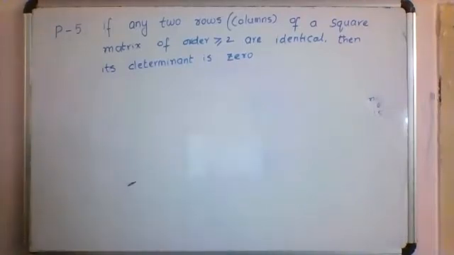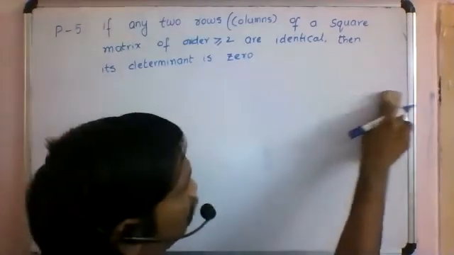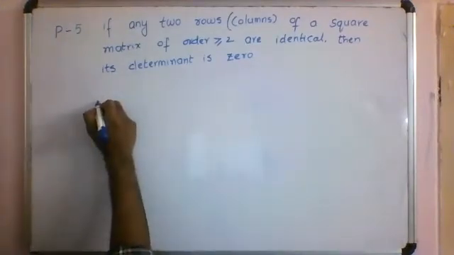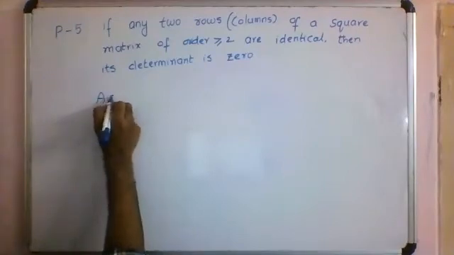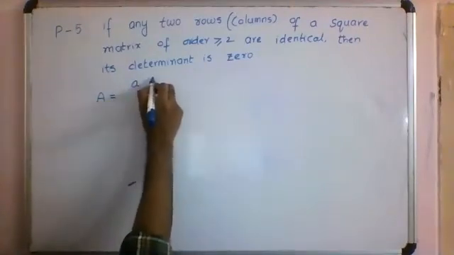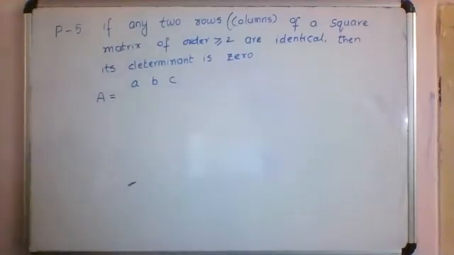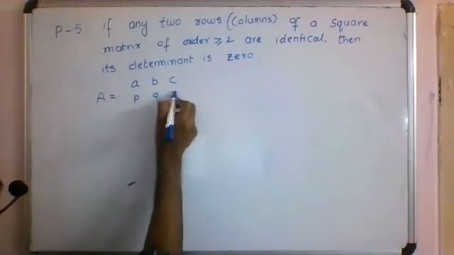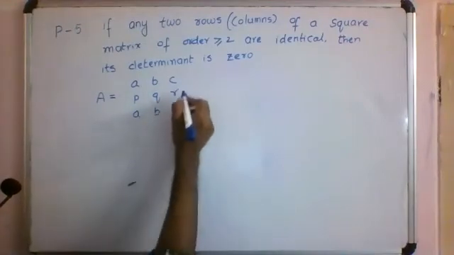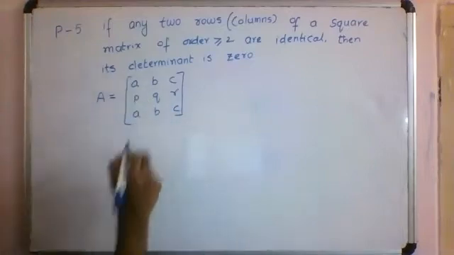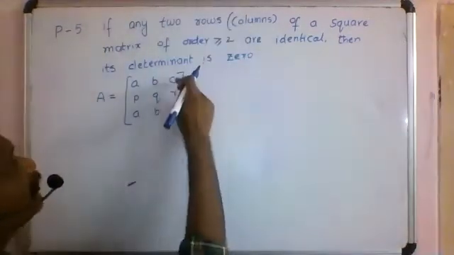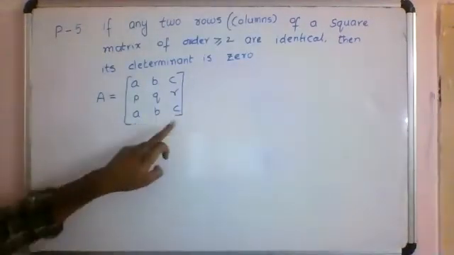Yeah, how to prove this? Because we are doing majority of problems on third order, let me give example on third order. A is equal to ABC, right? And PQR again ABC. Here any two rows, I kept two rows identical, ABC, ABC.